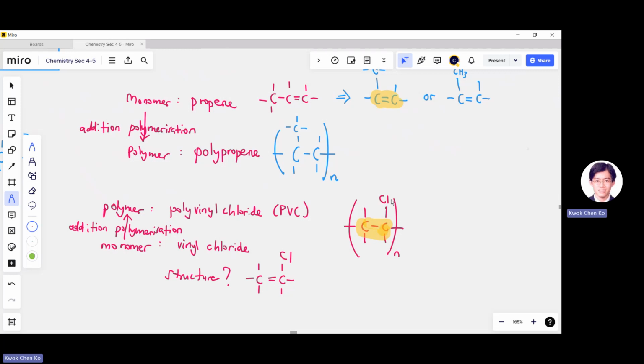I remove the brackets. I remove the N. I put a double bond here. Everything else looks the same. Okay, so this is vinyl chloride. See then? This will come out 100%. It will come out something like this. It will give you the polymer and it will give you this. And they ask you to draw this.